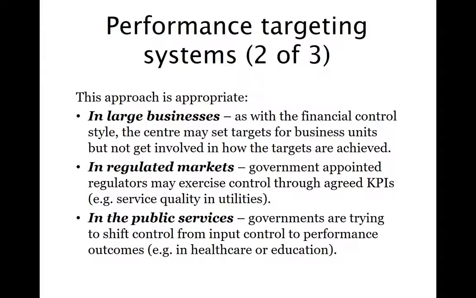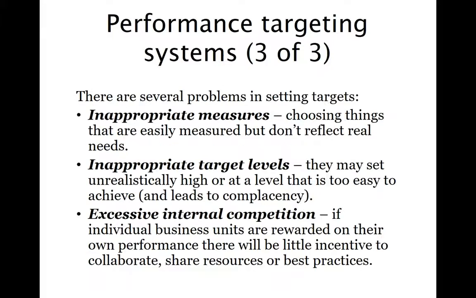Utilities, government has to set certain KPIs and govern the markets. And the same holds for public services, that when you don't have the market, you don't have the competition, you have to govern the whole large system through KPIs. So the KPIs have an increasingly central role.